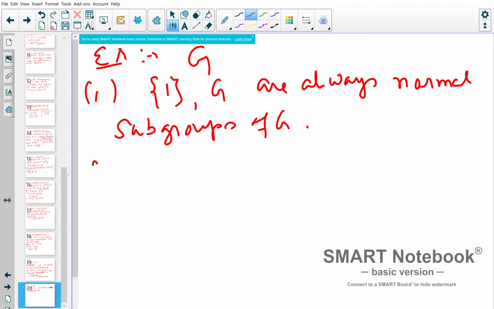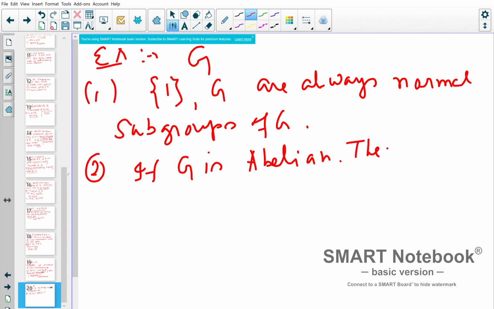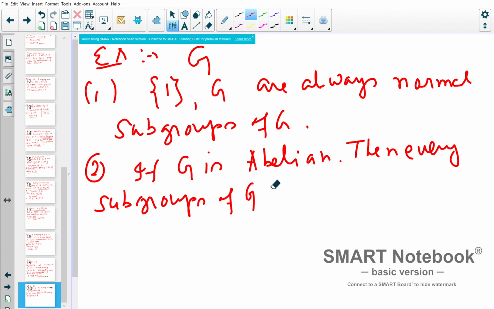And what happens if G is abelian? If G is abelian, then check that every subgroup of G is normal. This is a simple fact, you can easily find out that abelianness gives you this.